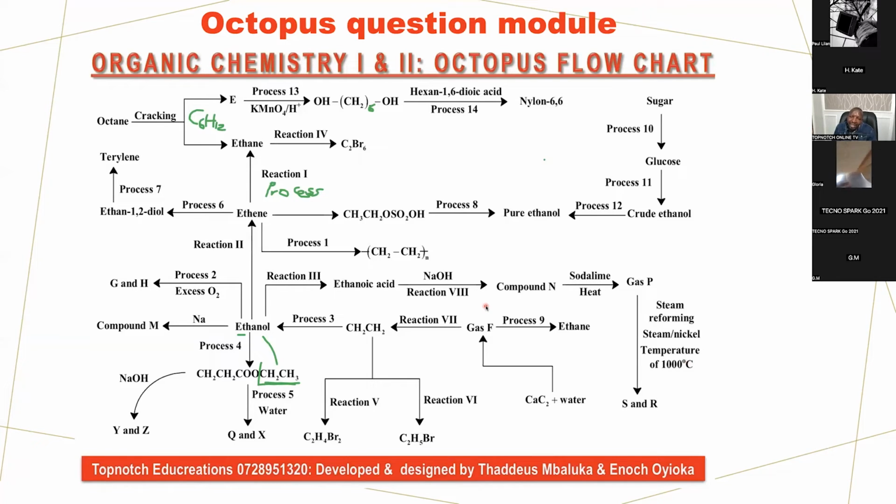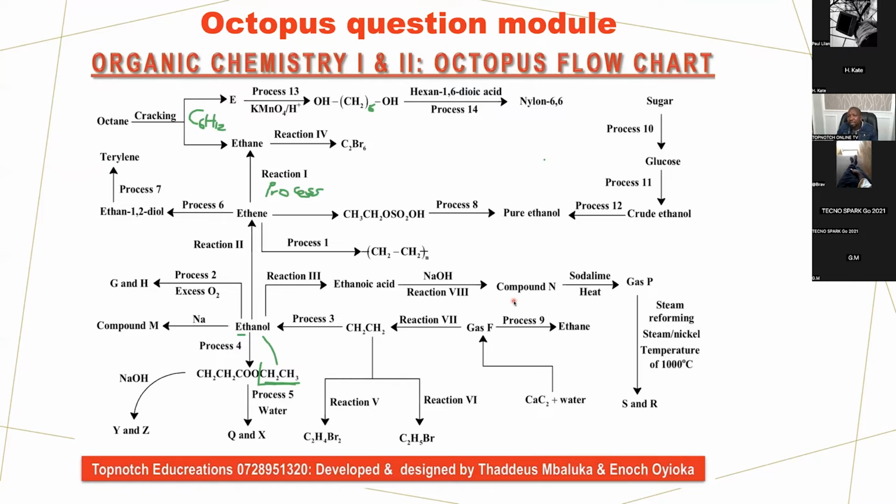So the gas that will be formed has one carbon atom less compared to the alkanoate, which was sodium ethanoate. If we want ethane, we are going to use sodium propanoate plus soda lime. Are we together?